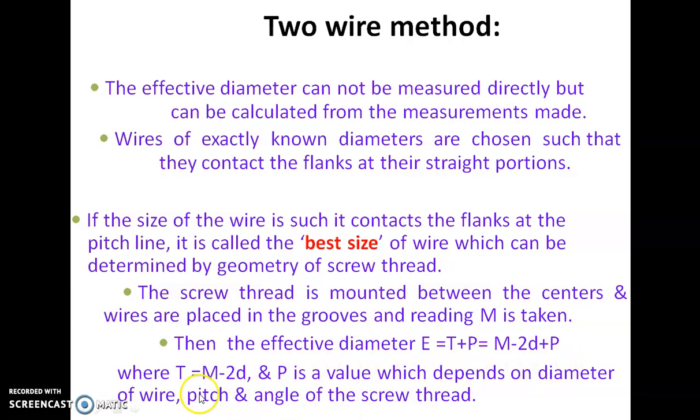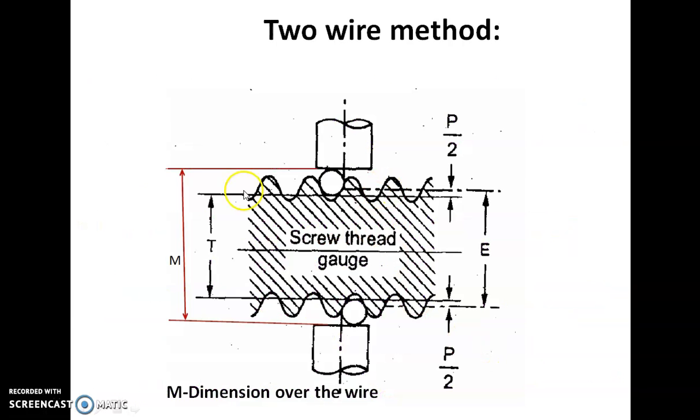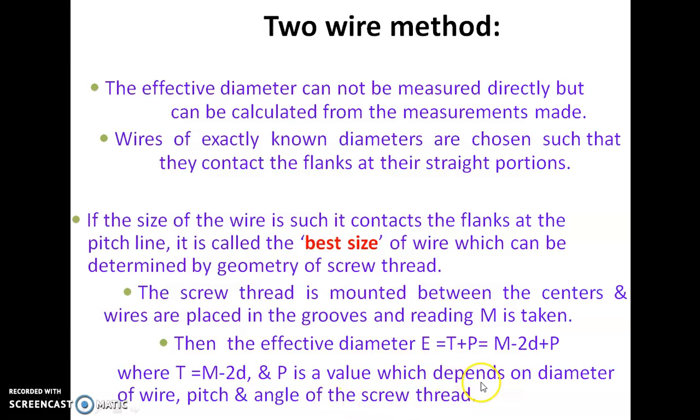P is a value which depends on the diameter of the wire, the pitch, and the angle of the screw thread. So this is called the 2-wire method.